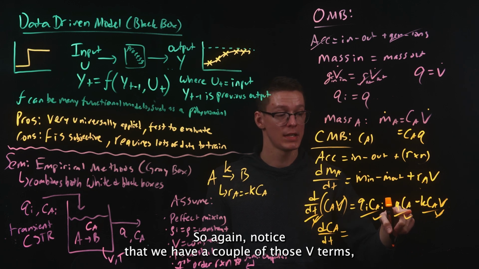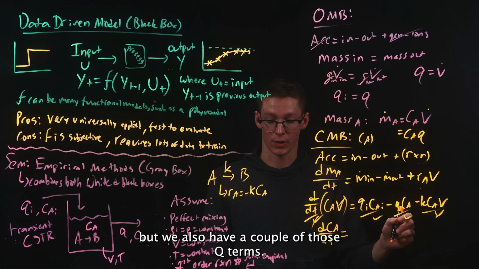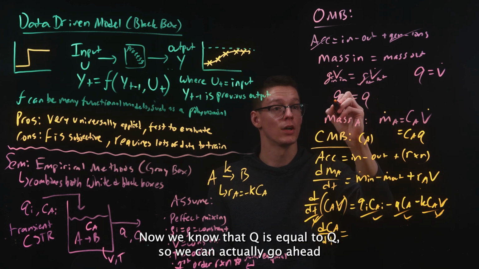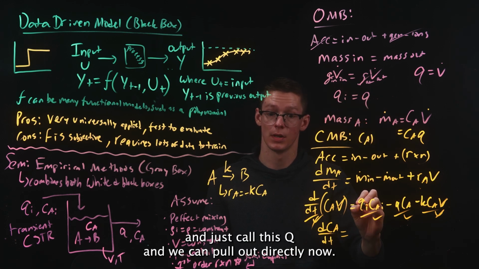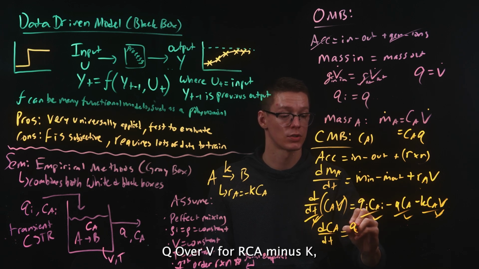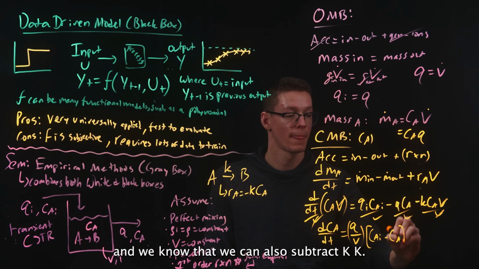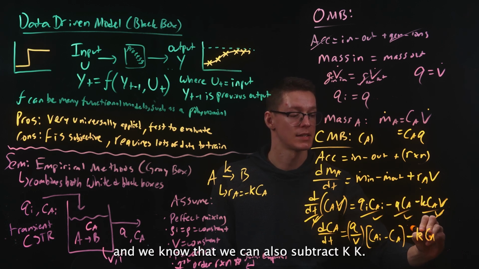Notice that we have a couple of those V terms, but we also have a couple of those Q terms. Now, we know that Qi is equal to Q, so we can just call this Q. And we can pull out directly Q over V for our CAi minus CA, and we can also subtract k CA.